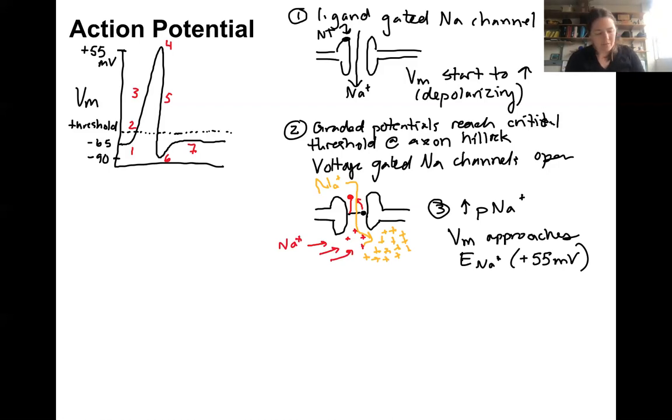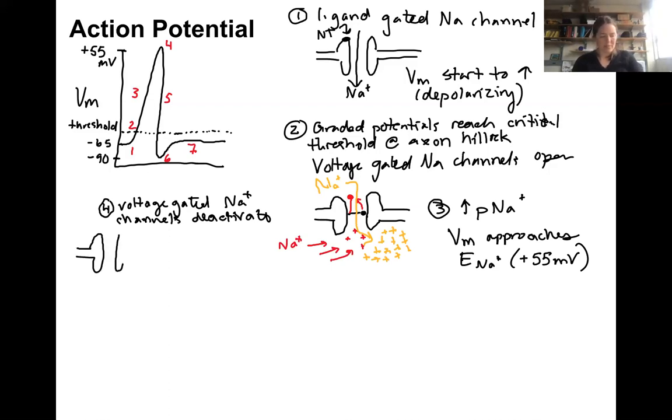What happens at 4 is that the voltage gated sodium channels deactivate. Basically how that happens, here's your voltage gated sodium channel. And there's a portion of the protein of this channel that's positively charged.